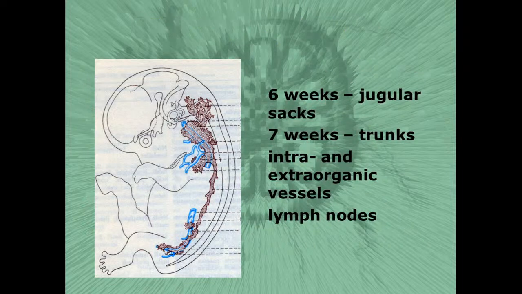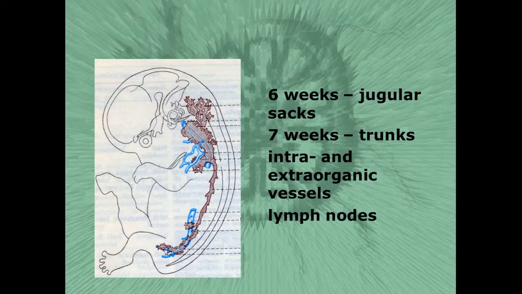I will now talk about the development of the lymphatic system. It starts approximately from the 6th week of embryonic life with the formation of the jugular sacs. The jugular sacs are formed in the place of the future jugular veins. Other lymphatic sacs are also formed in the retroperitoneal space and in the place of the future iliac vessels.